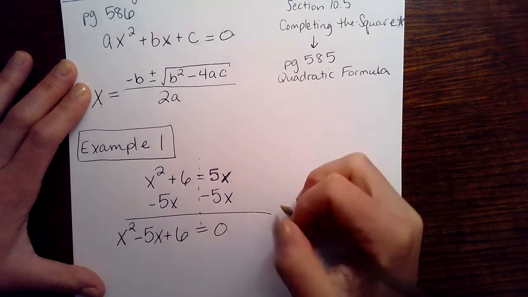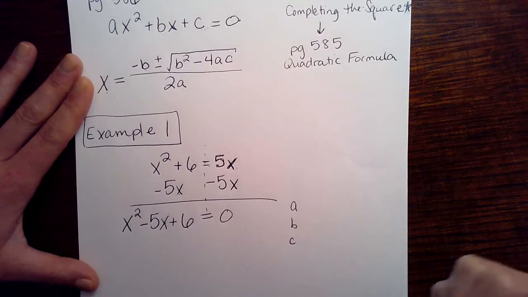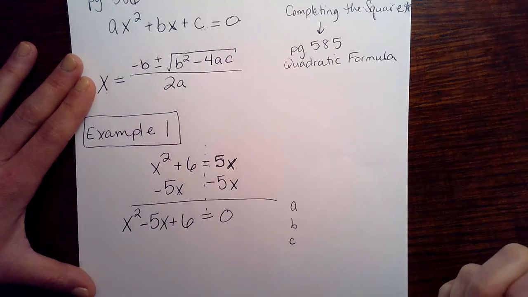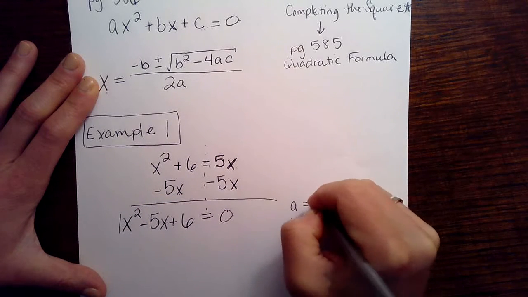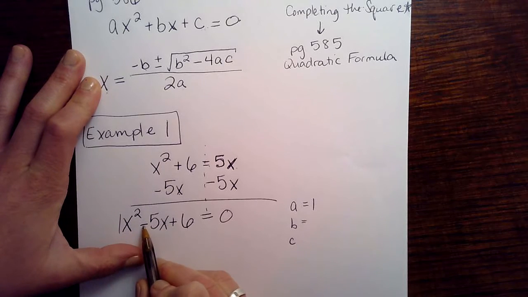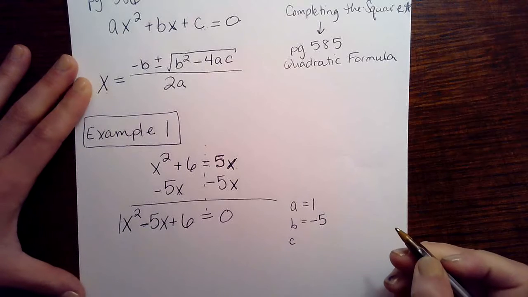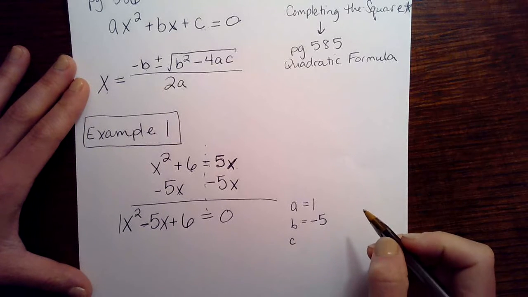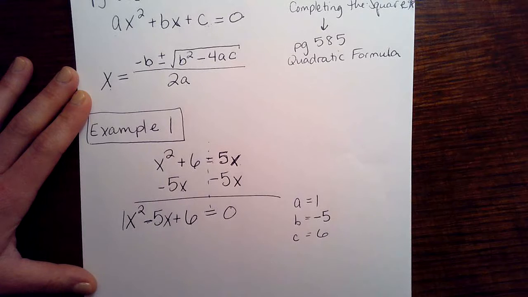Now I can say, what are my a, b, and c values, since I'm going to use those in the quadratic formula? My a: there's no number in front of x squared, so a is 1. B, the number in front of x, is negative 5. Remember that subtraction sign can be rewritten as plus a negative. And then c is positive 6.